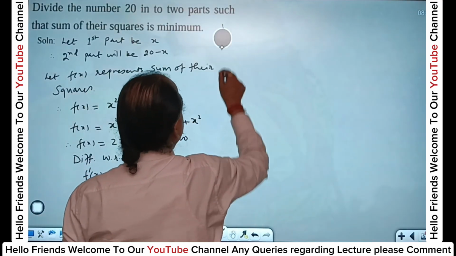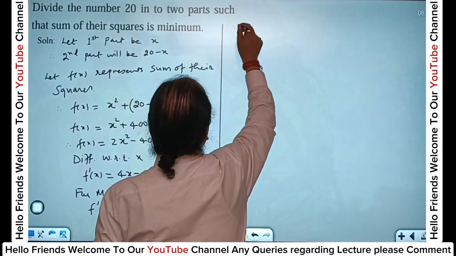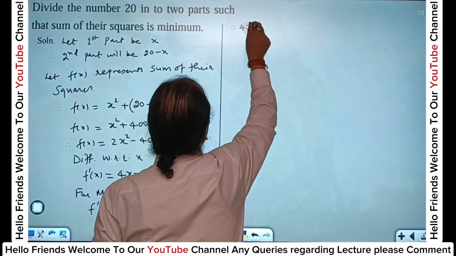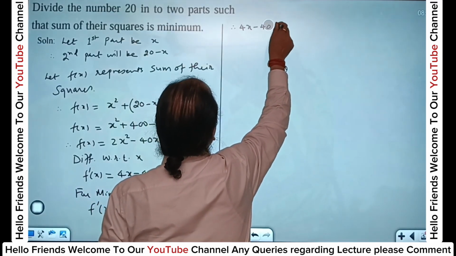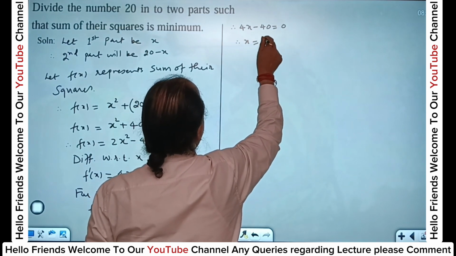Therefore, 4x minus 40 is 0. So x is 10.